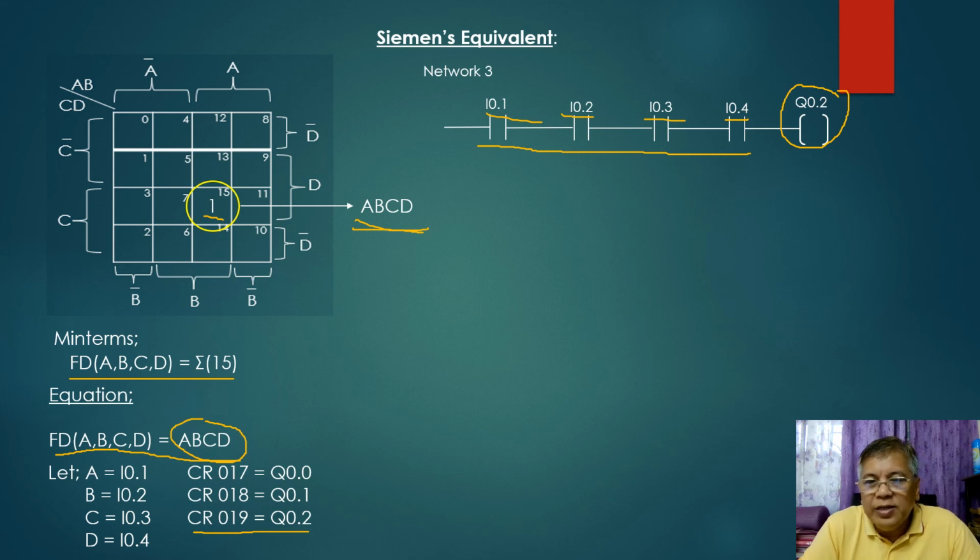But if the problem stipulates conditions, just like in your fire alarm system, then you have to make use of your K-map solution for you to be able to obtain the equation. And from the equation, you can represent that in Siemens ladder diagram representation.